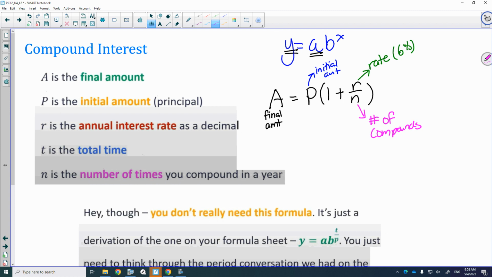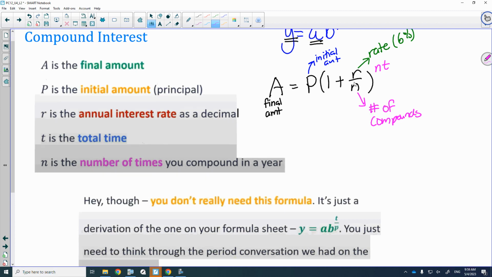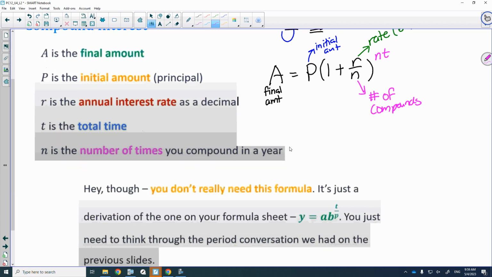So if we are being paid annually, that would be 1, once a year. If we're being paid interest semi-annually, n would be 2, twice a year. If we're being paid interest quarterly, n would be 4. And then it's n times t, the number of compounds times the years. From this, we will get our base. And we'll do lots of practice where we will get our base.